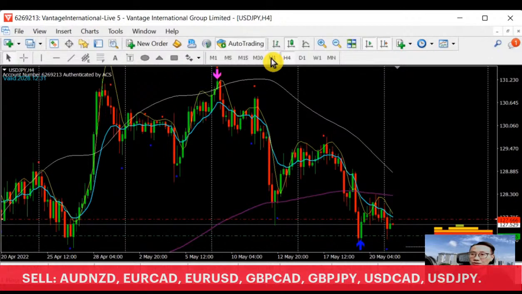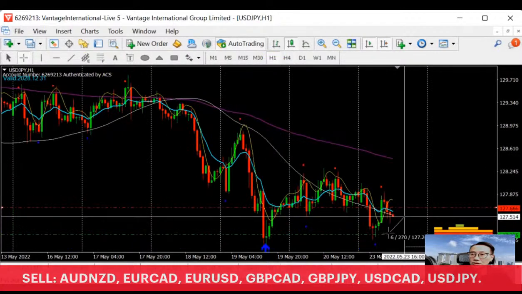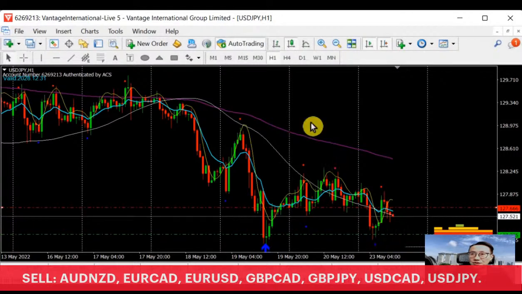So we are still in the retracement. The retracement ended here, and along the way we are still having about 30 pips. So probably yes, second half of the day. Just pay attention to that first. Let's check again.